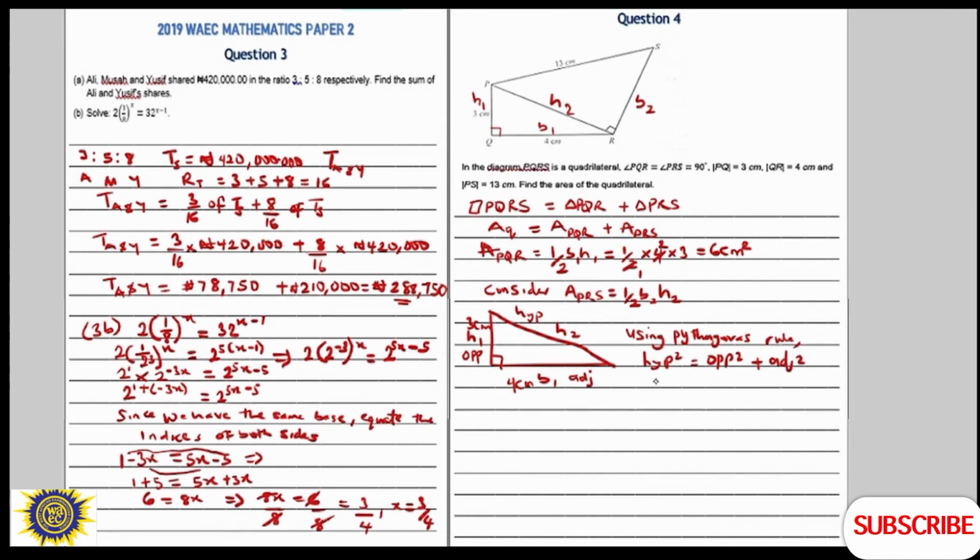So we have H2 square equal to opposite, which is H1 square, plus B1 square, which is the same thing as 3 square plus 4 square. So we have H2 square equal to 9 plus 16, which is equal to 25.